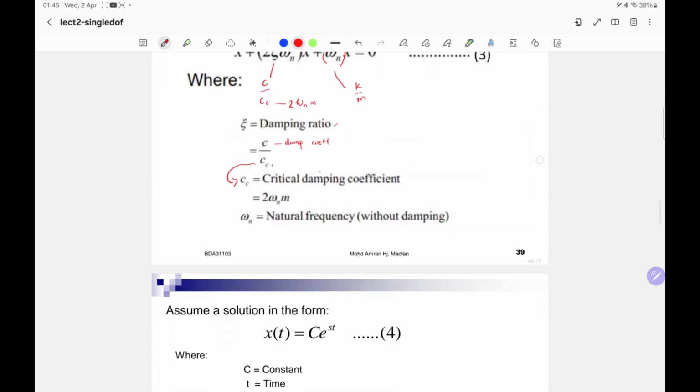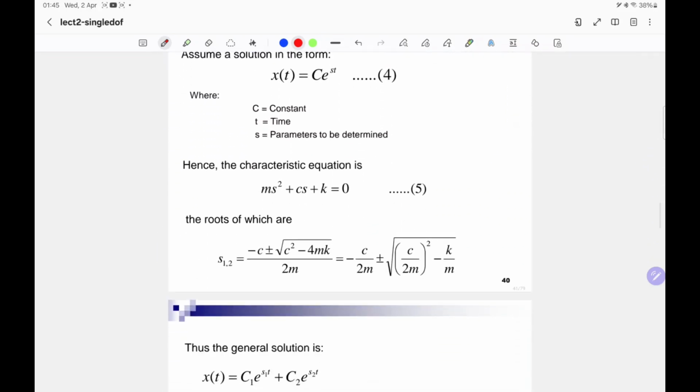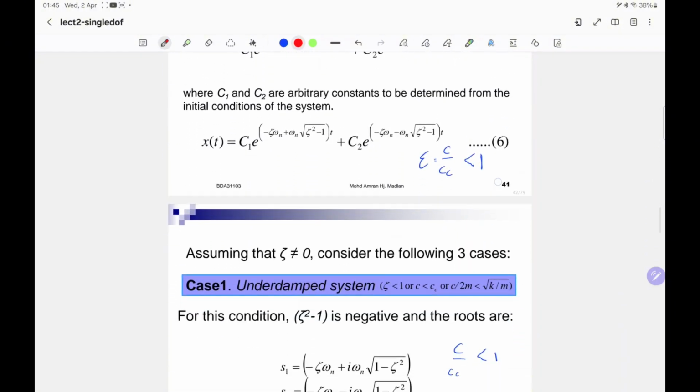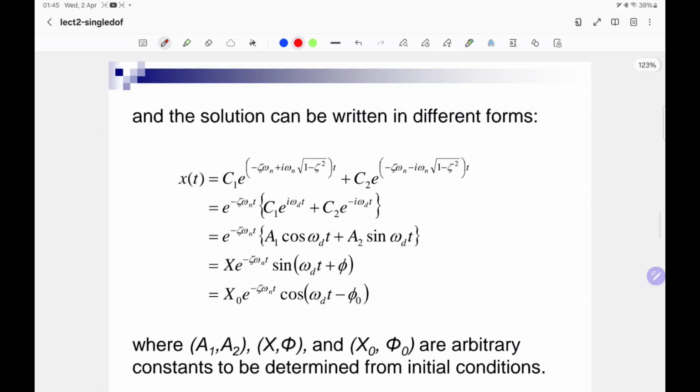So basically, for free vibration of damped system, the solution can be written in many forms, as you can see here, all of which will give you the same answer. But if you refer back to the second last page of your lecture notes, we will just focus on this equation which represents the free vibration of damped system response.